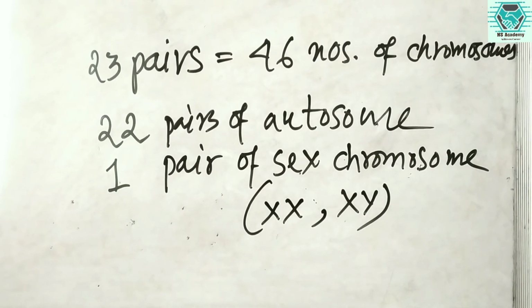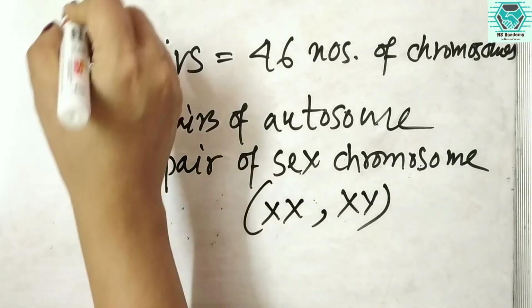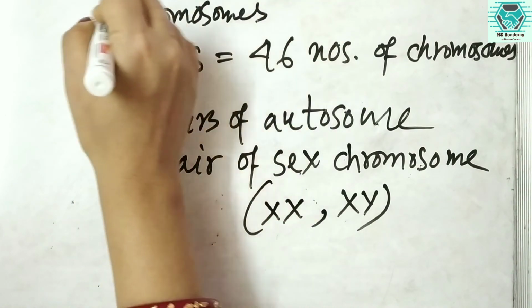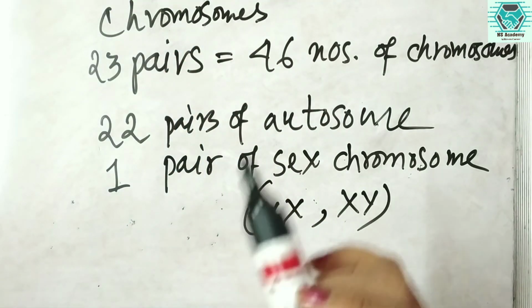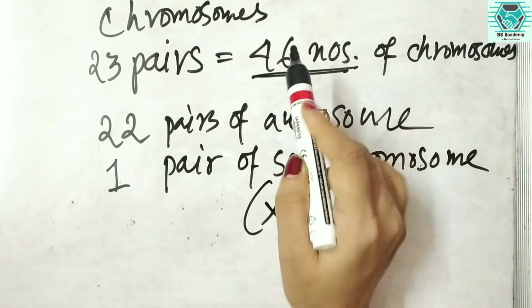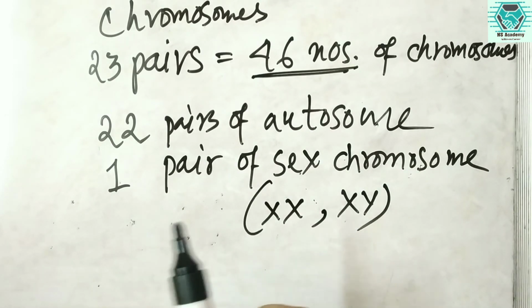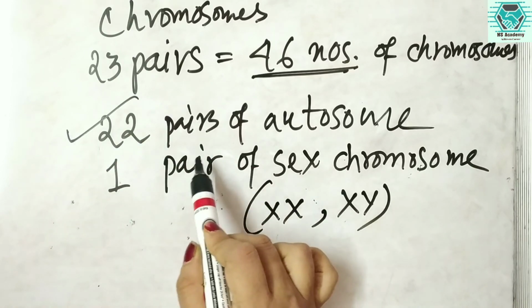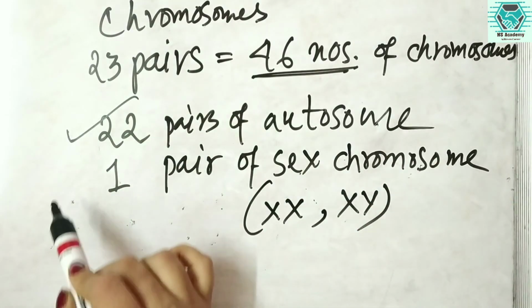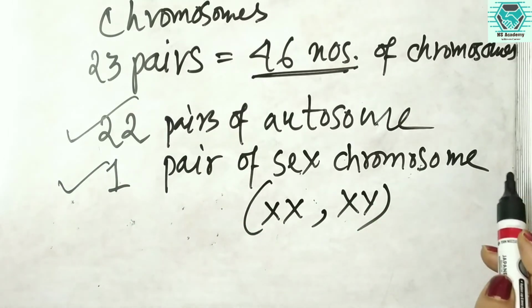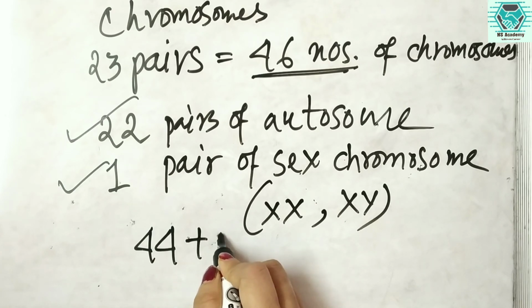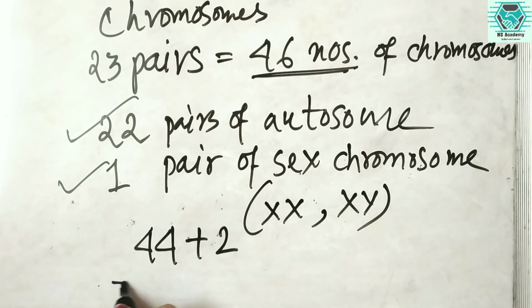So in the nucleus there are 23 pairs of chromosomes. That is 46 chromosomes present in each nucleus, of which 22 pairs are autosomes and one pair is sex chromosomes. That is 44 plus 2 is 46 chromosomes.